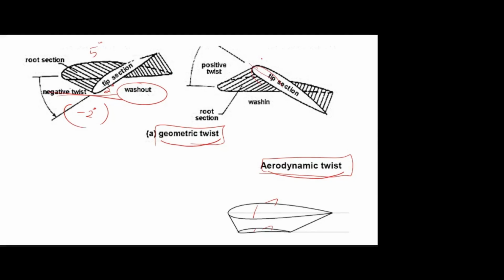If the tip section has more angle, for example root section 0 degree and tip section 5 degree, this is wash-in. This is the definition. Geometrical twist, aerodynamic twist. In the geometrical twist itself, there is washout and wash-in. Washout means the tip will have a low angle, wash-in means the tip will have more angle.